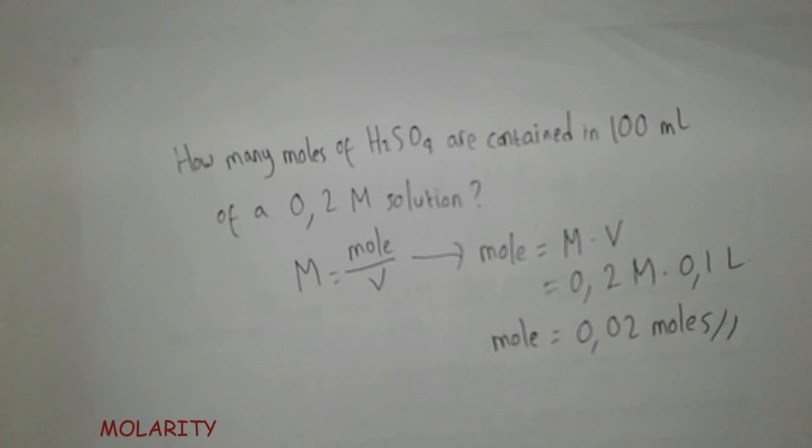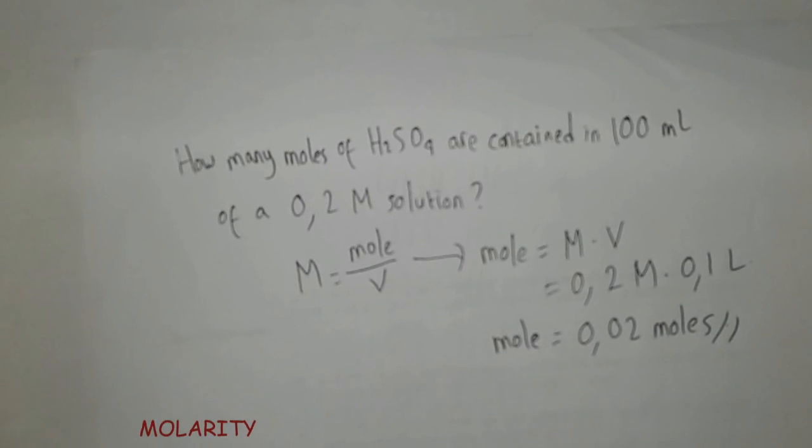The first question already has an answer: the sulfuric acid contained in 100 milliliters of a 0.2 molar solution is 0.02 moles. If you have any question, you can type in the comments below.